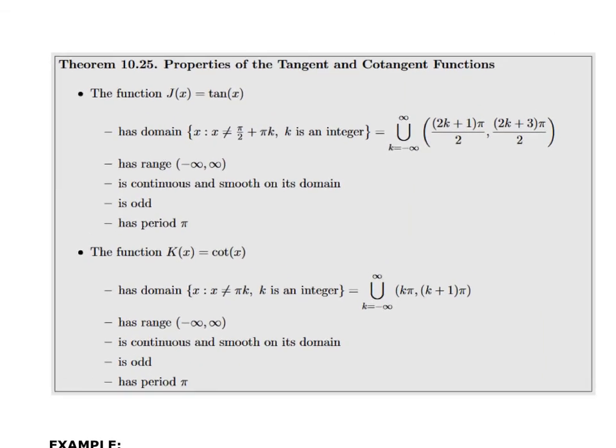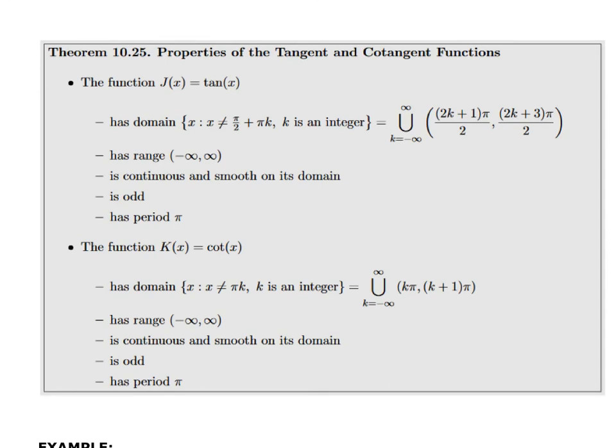So here are the properties of tangent and cotangent. The range of both of those is negative infinity to infinity. Of all of my trig functions, the only ones that have range from negative infinity to infinity are my tangent and my cotangent. My domain is restricted where I have vertical asymptotes.